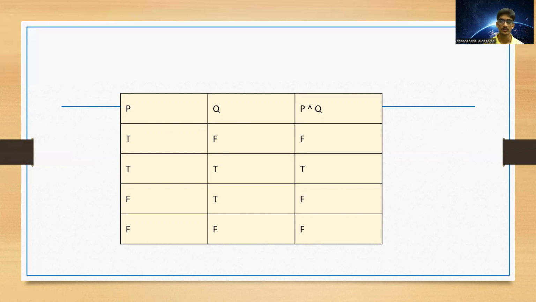False and true, the output is false. False and false, the output is false. So for the output of the conjunction statement to be true, both the first and second statements should be true. In all the remaining cases, if at least one of the statements is false, then the output is false.